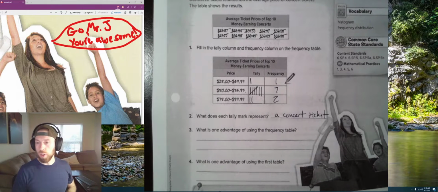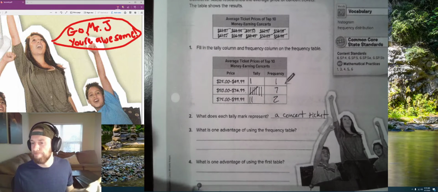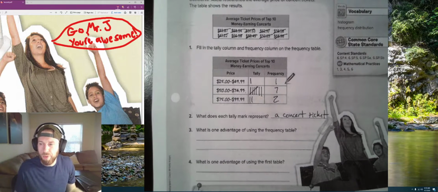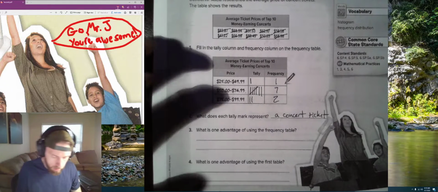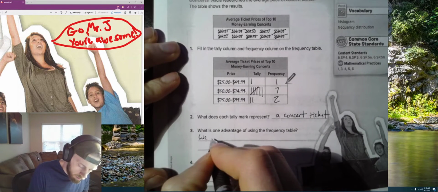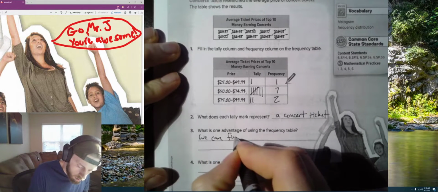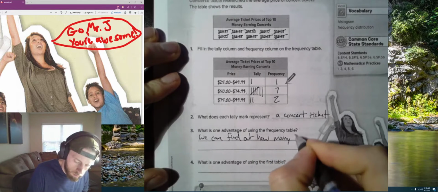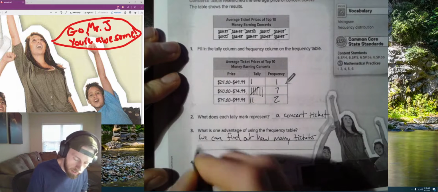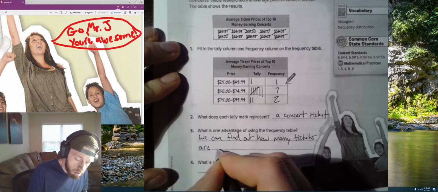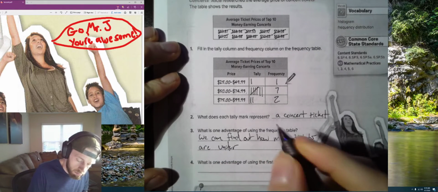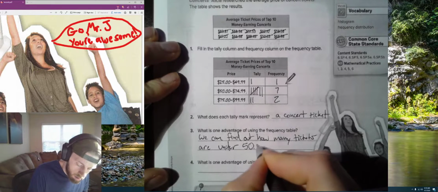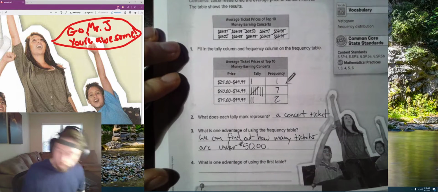And what is the advantage of using a frequency table? Well, what is one advantage? Easy. We can say a couple different things here. One of the things I would say is we can find out how many tickets are under $50.